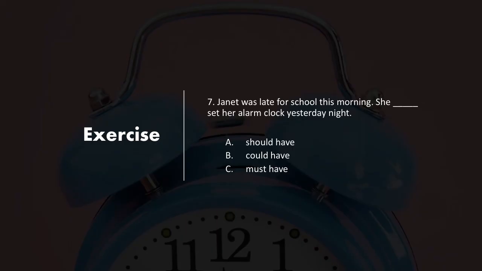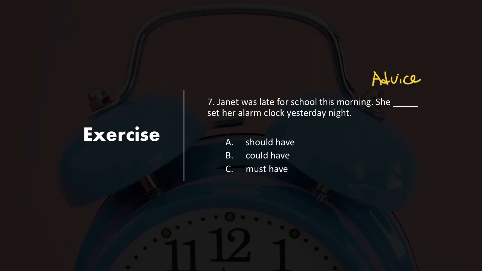Question 7. Janet was late for school this morning. She set her alarm clock yesterday night. So we are talking about how Janet could have done better. We're talking about an imaginary past that we cannot change. We're just saying, oh, she could have done better. So which option should we choose?